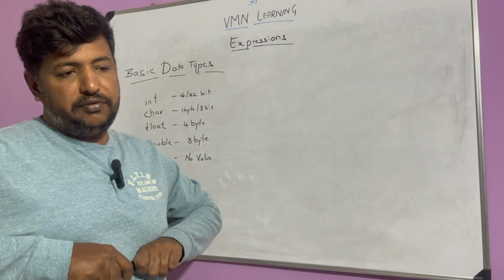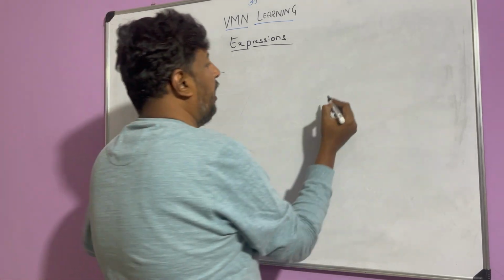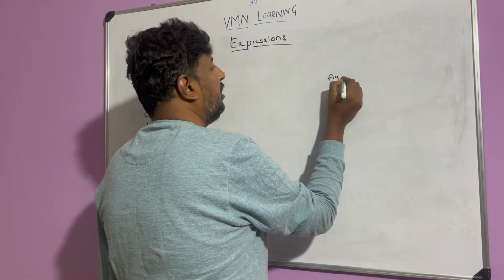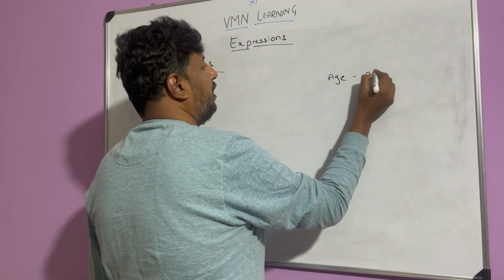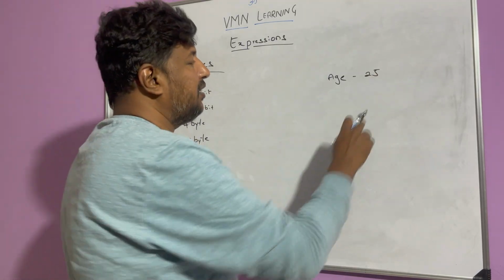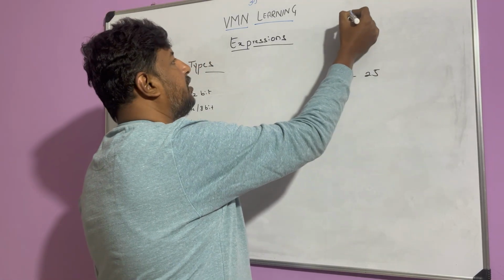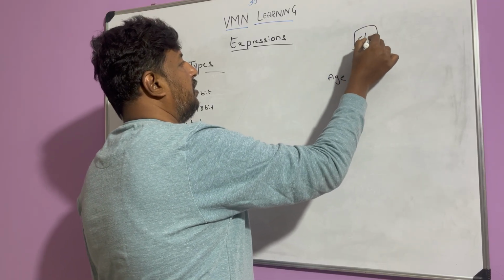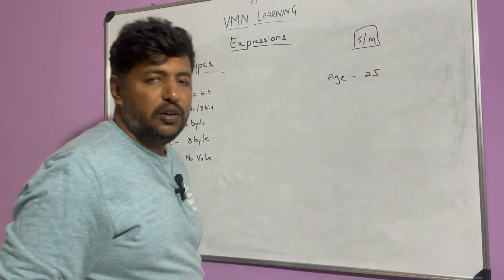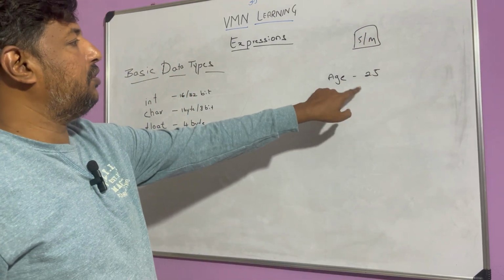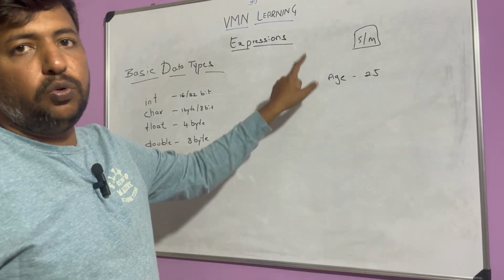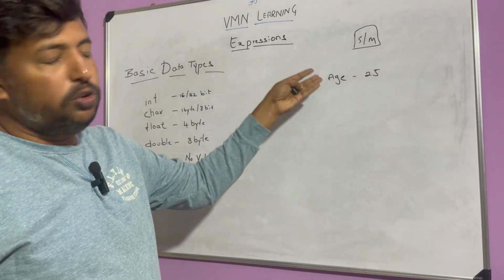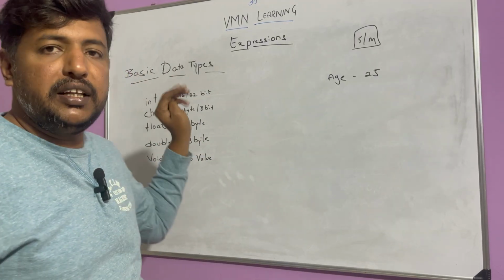For example, a real life example: if I say age is 25, that is a number, right? So how do you tell the system that we have to store the number 25? How do we do it? Basically all those things will be taken care of by the data types.